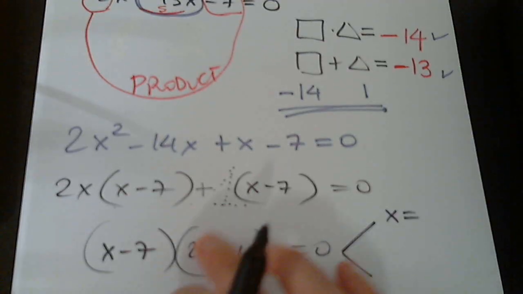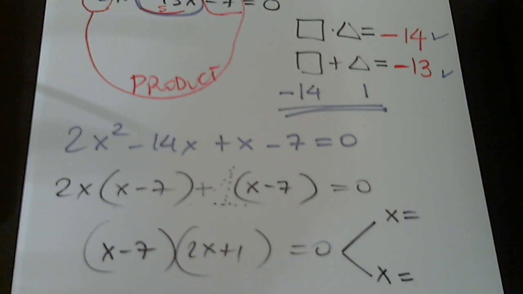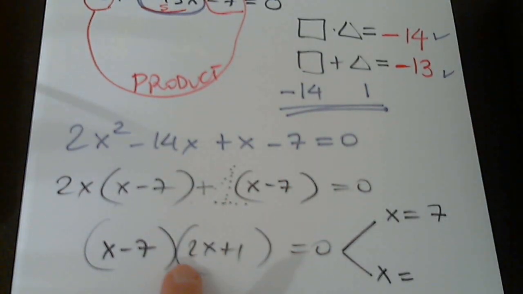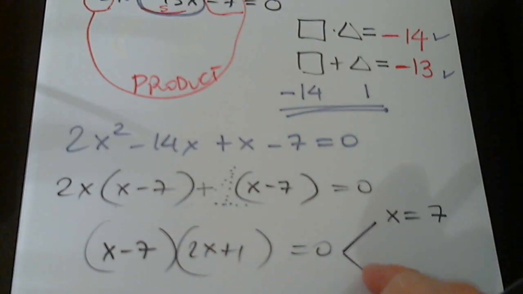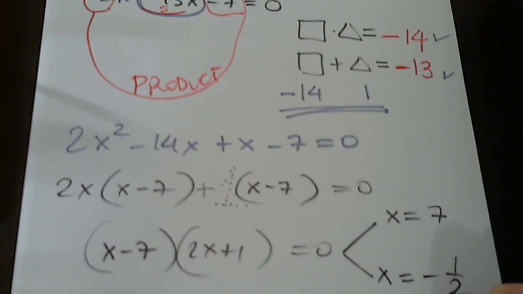I'm not trying to skip steps, but this is now really too easy. So we know how to get those answers and move on. 7 and negative 1. Yes. 7 and negative 1/2. I move 1, it becomes negative, but I have to divide by 2. So negative 1/2, indeed.